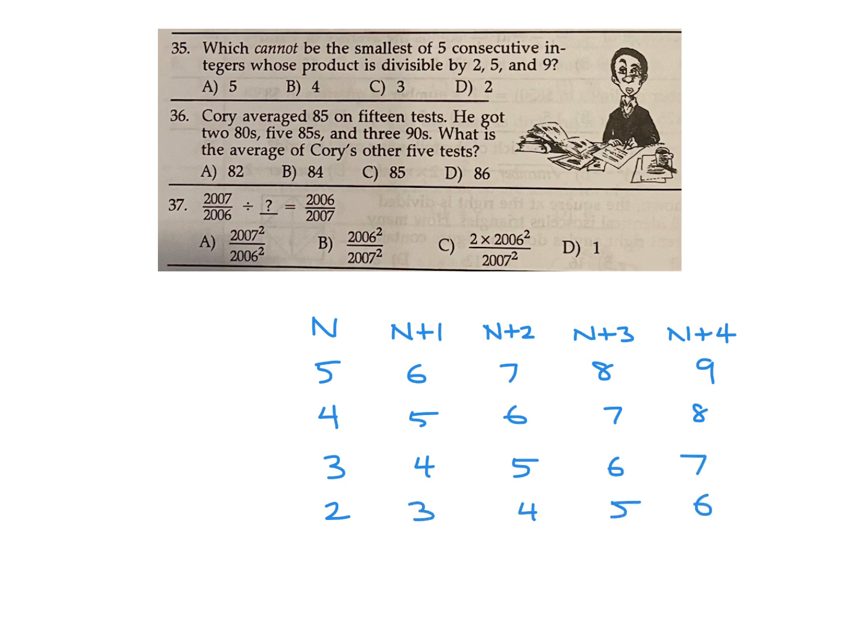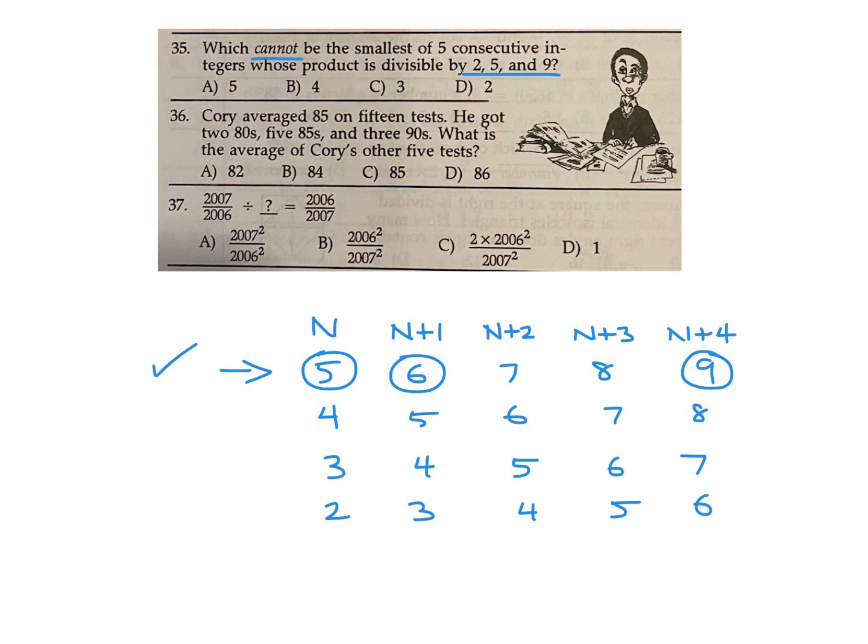Okay. So, which of these fails, cannot, to be divisible by 2, 5, and 9? Okay, let's see. Are those numbers all divisible by 2, 5, and 9? Well, this is not divisible by 9. This is divisible by 5, and this is divisible by 2. So this passes.